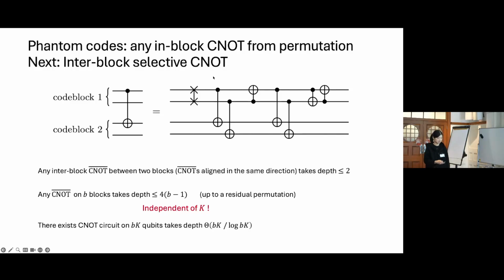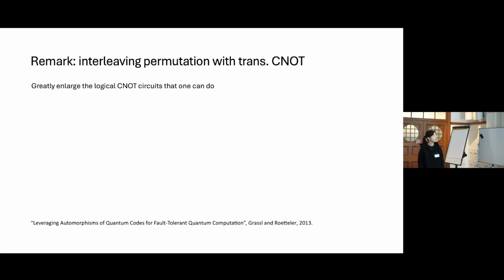Okay, so this is one example of speeding up the computation. And I just want to quickly remark that if you consider this trick of interleaving permutation with transversal CNOT, you can get a larger set of logical CNOT circuits than what you can normally do with only in-block permutation.